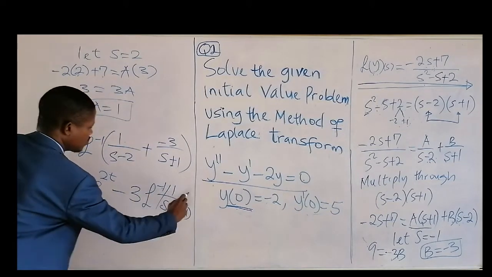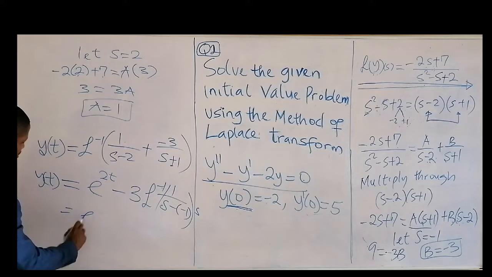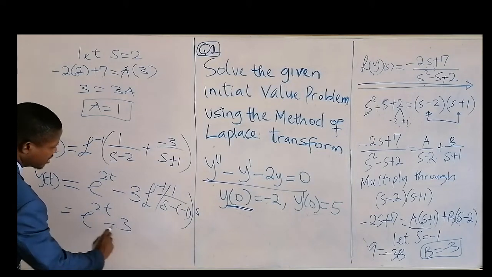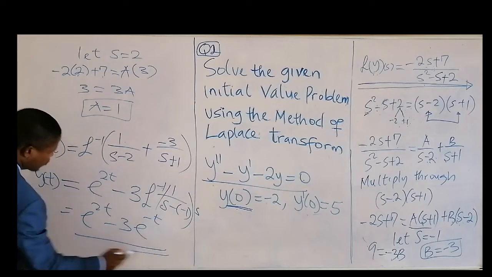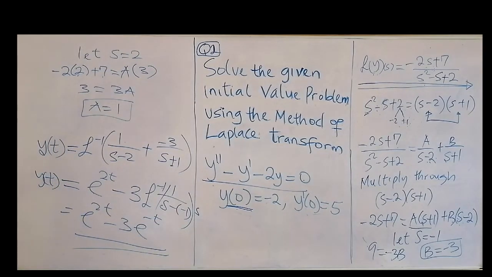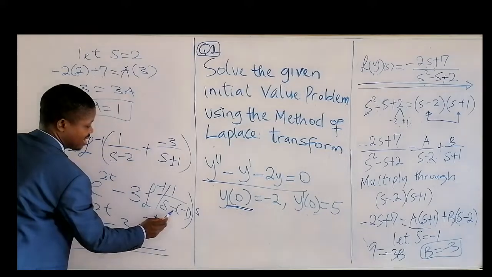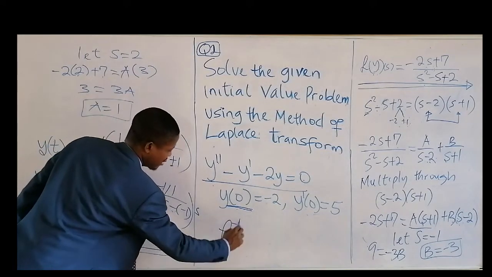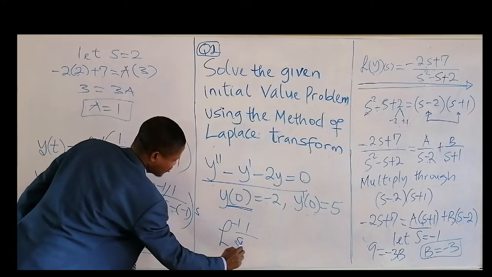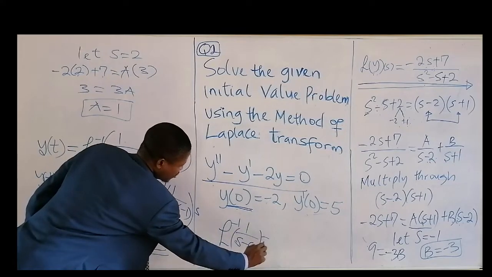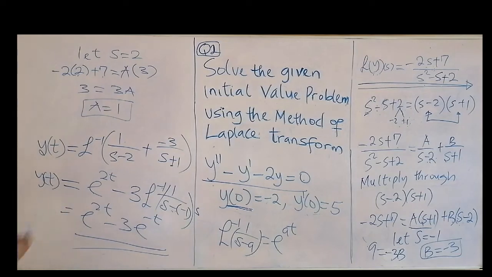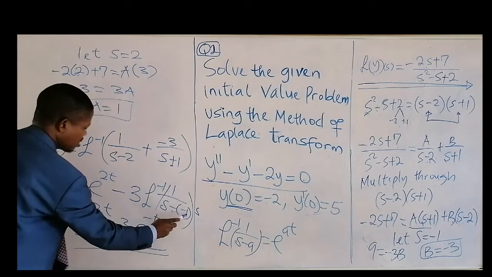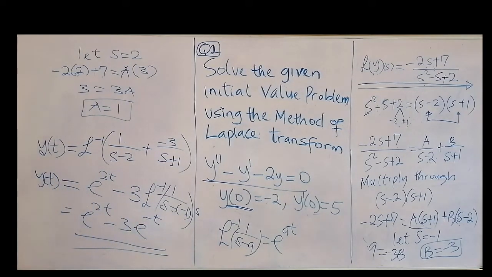So then I'll have this minus 3 exponential minus t. I just made this one conform to the standard table. The standard table is inverse Laplace of 1 over s minus a, and that will be equal to exponential to the power at. That's what we have done. Our a is minus 1. Okay, so that's that on this question.